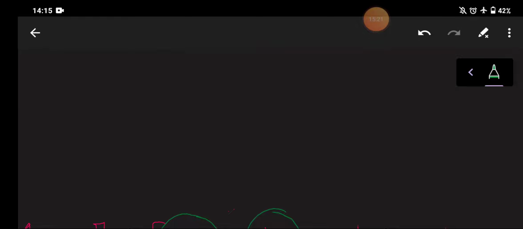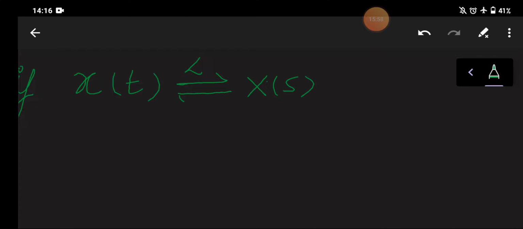So I am writing here the Laplace inverse formula: if x(t) has Laplace transform X(s), then x(t) multiplied by e to the power minus at, what will be the Laplace?